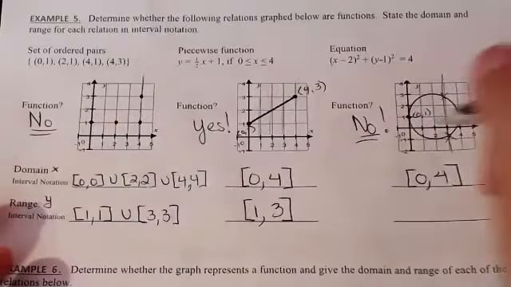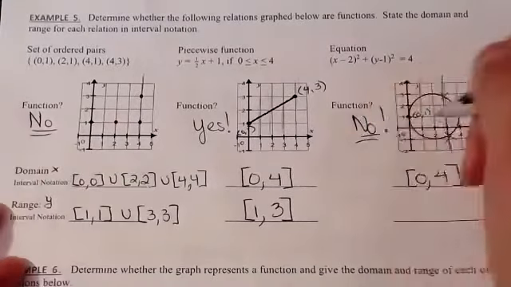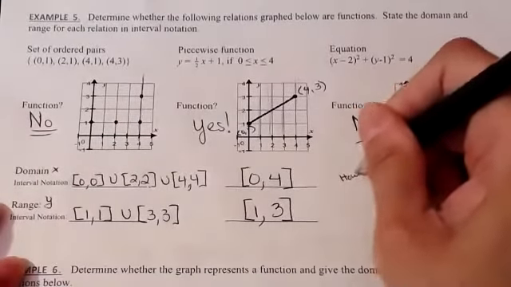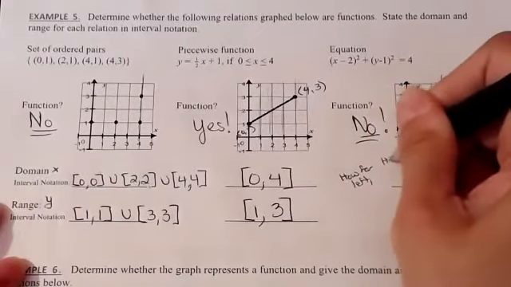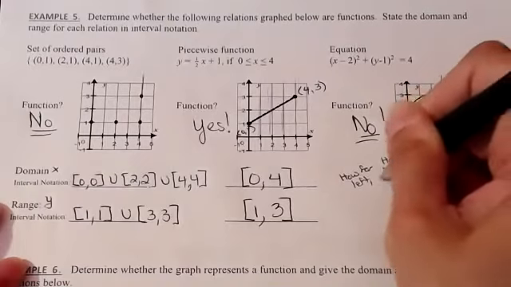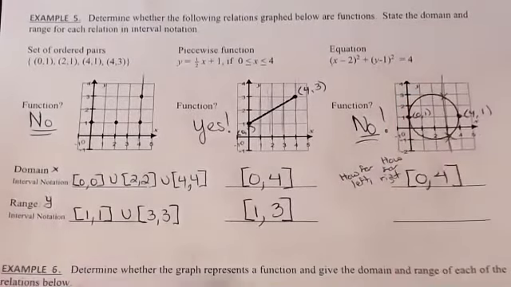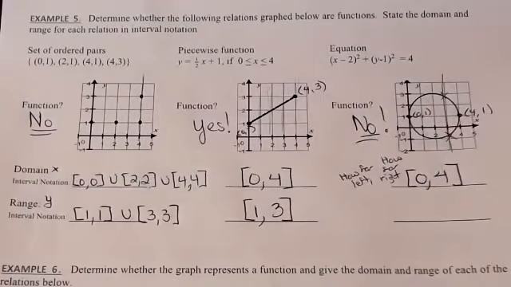And what I'm going to write here for your domain is: how far left, comma, how far right. That's essentially what you're thinking about when you look at the domain. How far left, how far right. Okay, that's what you're looking for.